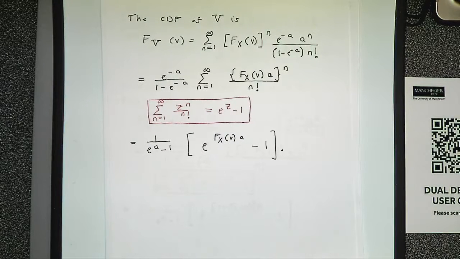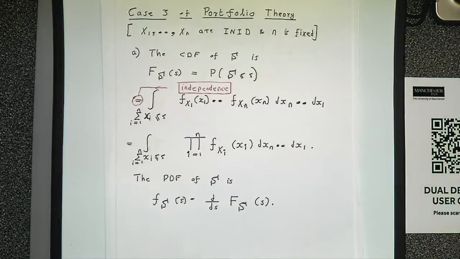Now the next case I want to consider is case number 3. Case number 3 is where the losses are INID, which means independent but not identically distributed, and the number of investments is fixed.